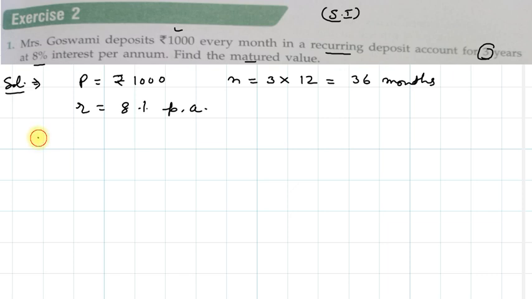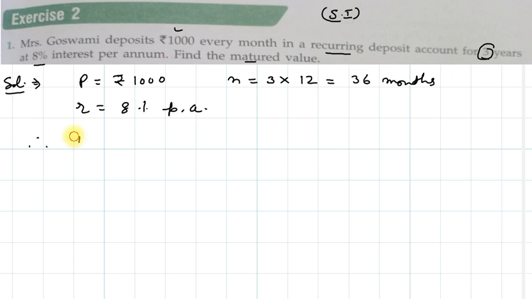Therefore what we have to calculate? Find the matured value. So first, for calculating matured value, we have to calculate the interest, right students?